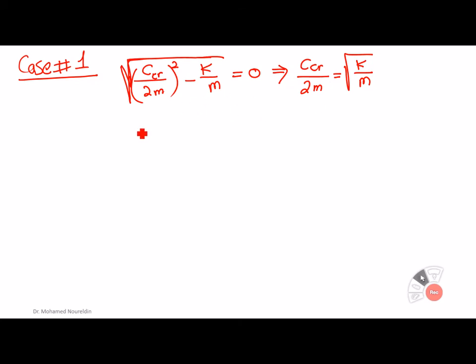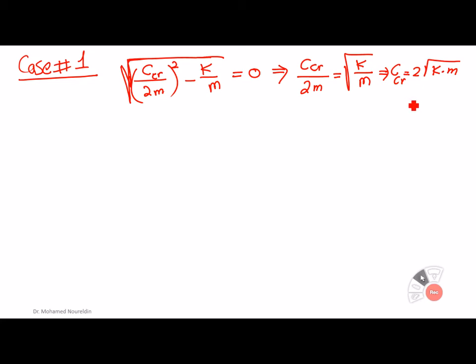We're going to equate both of them. So we have this c_cr over 2m should equal the square root of k over m. And from here we can say that c_cr equals 2 times the square root of k times m, right?